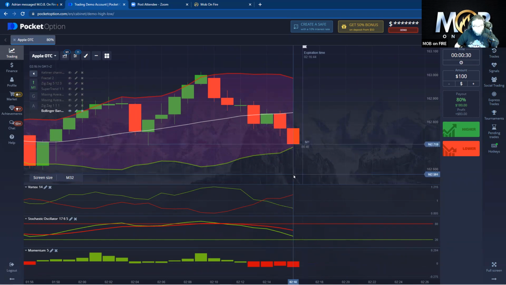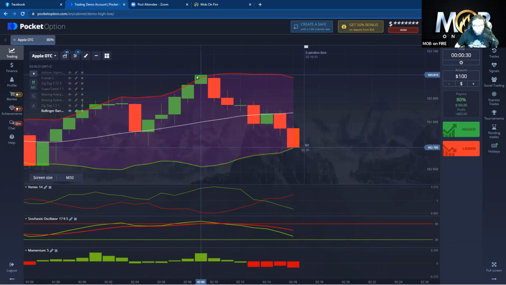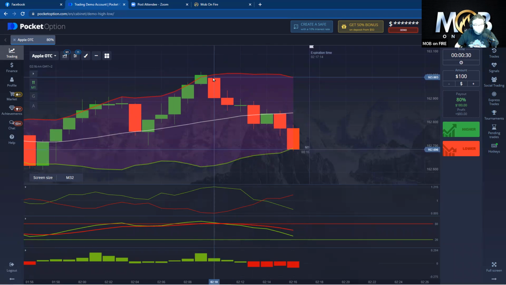As we know, with the Bollinger Band, we're going to wait for pricing to go outside the band, like it did right here. And then when it comes from the red band, which is the outside of the Bollinger Band, to the white line right here, we are going to sell the pair or the stock.